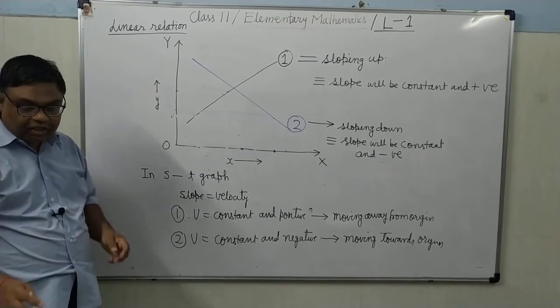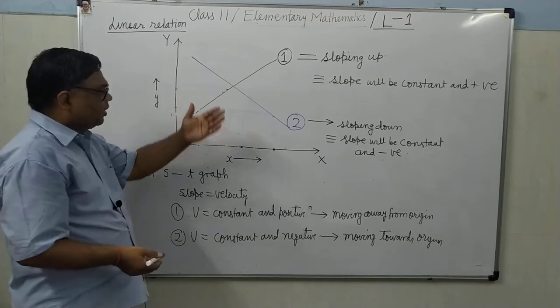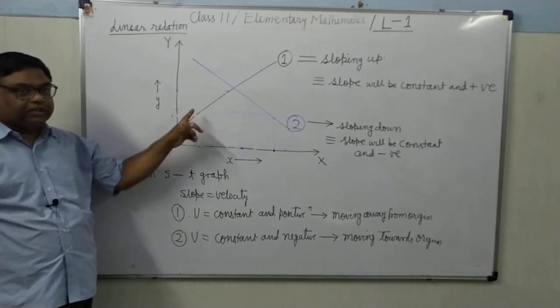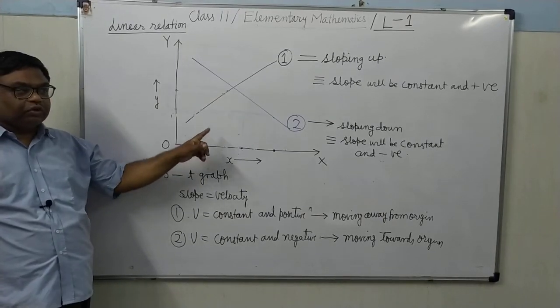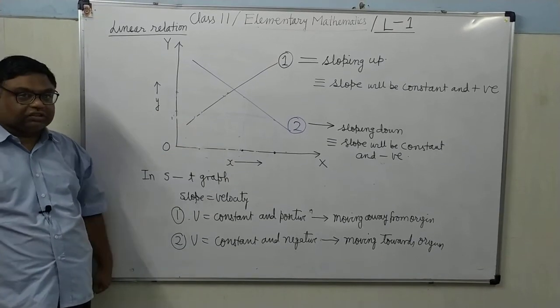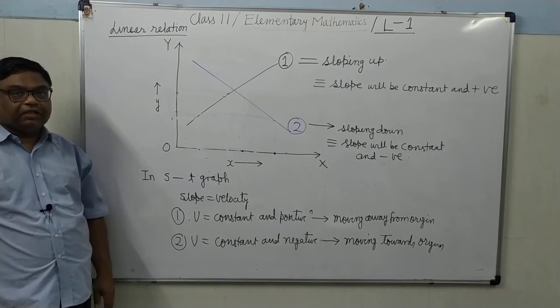If you see the same thing in the velocity time graph, here it is very simple to determine the slope. Already I have explained. You take 2 points, find out their x1, x2, y1, y2 values. Use the formula which I have written just before this, and you can determine the slope.